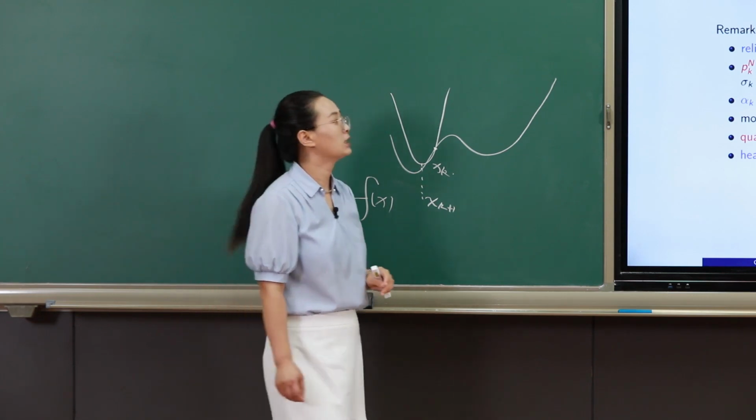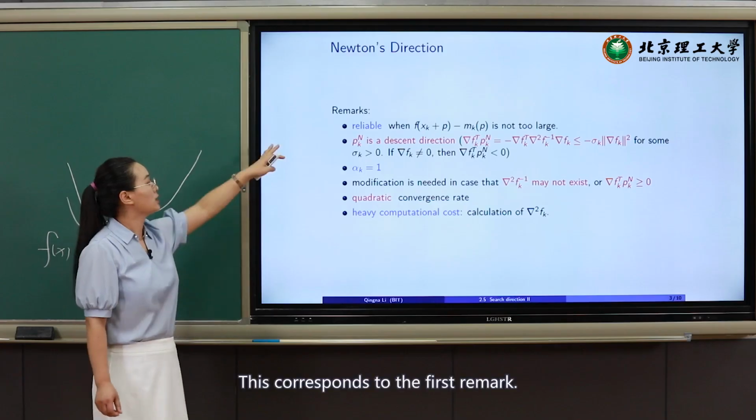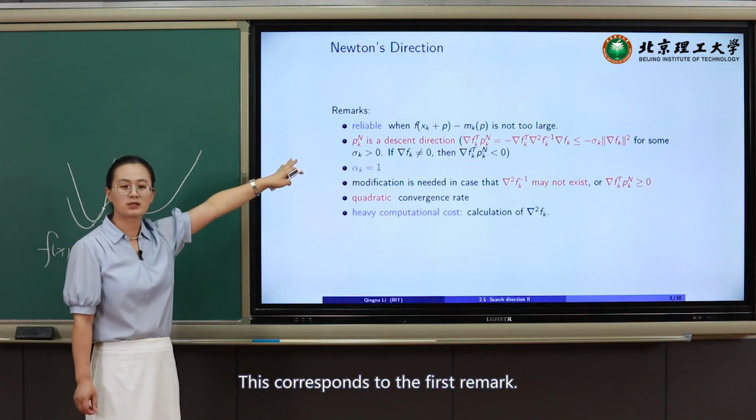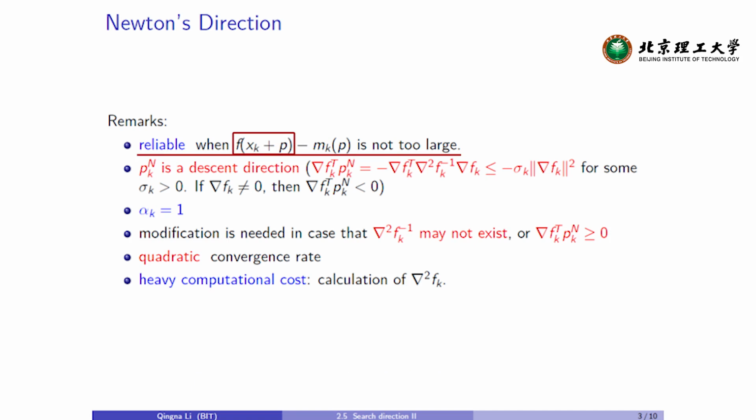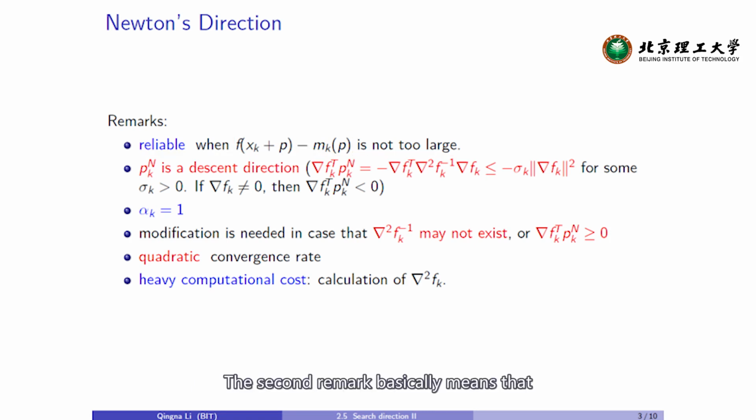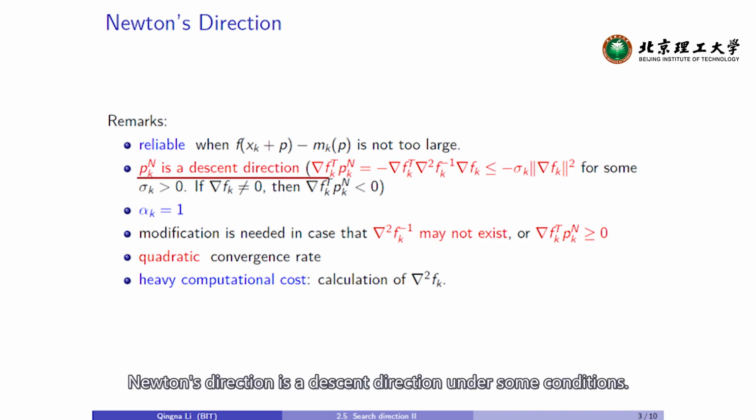This corresponds to the first remark: Newton's direction is reliable when f and the quadratic curve approximate each other very well.